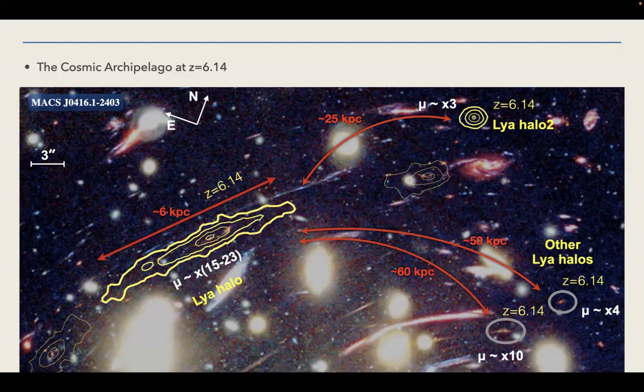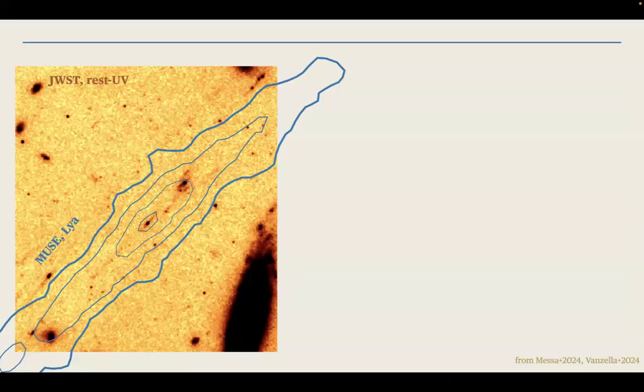But focusing on this main one, which spans more or less 6 kiloparsec intrinsically, and it's strongly magnified, with a magnification up to a factor of 20. This is how it looks in rest frame UV with James Webb. This is actually, again, the halo news.